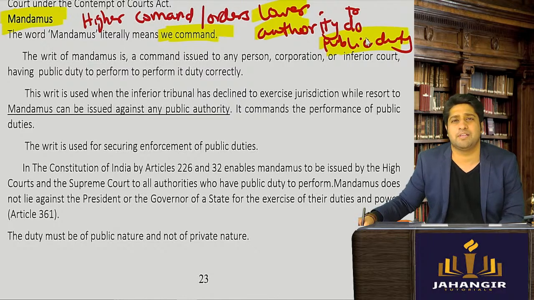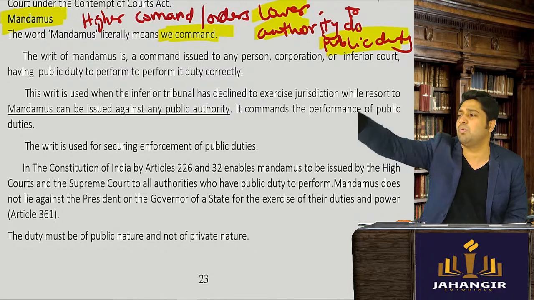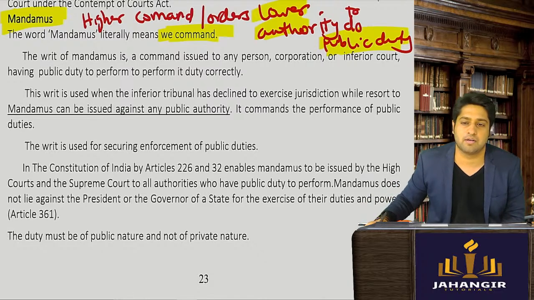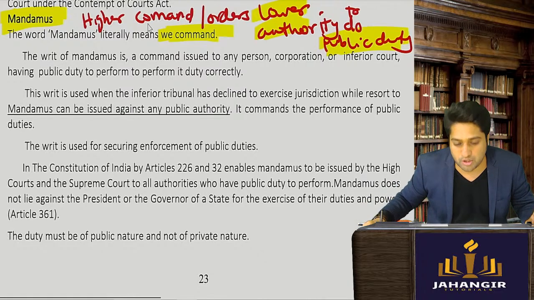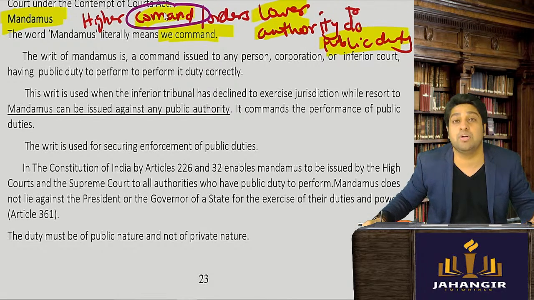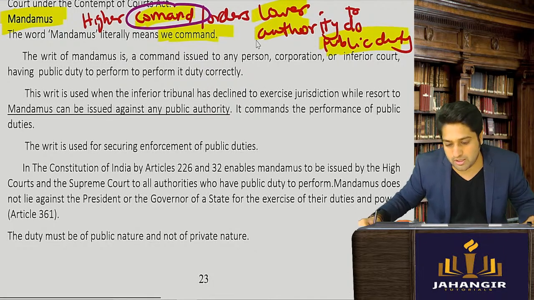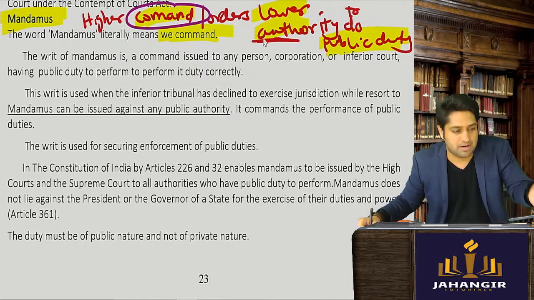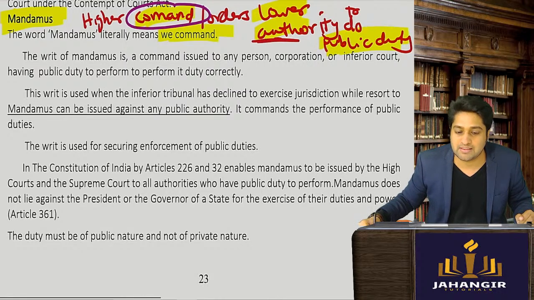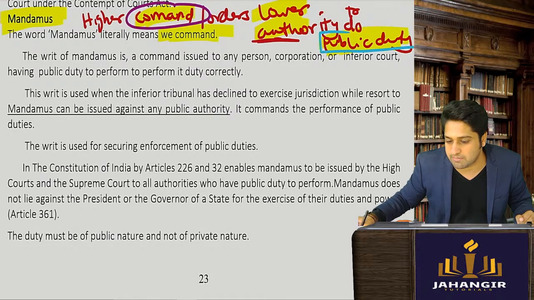If they are not performing the public duty, the court will tell them, what are you doing? Do your duty properly. Now this order, this command can only be given to a lower authority. Obviously you will give a command to someone who is lower than you when that lower authority is not doing their public duty.